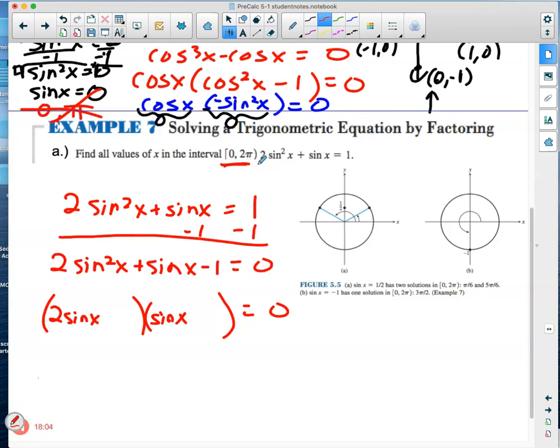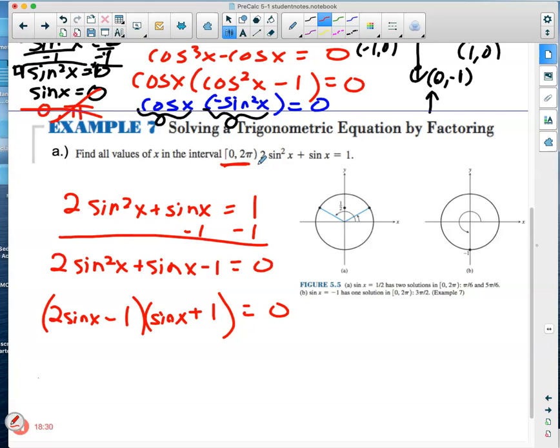And then in the back, I need 2 numbers that are going to multiply to -1. Well, that's just -1 and +1. But somehow give me 1 sine of x in the middle. So I think, well, if I put a +1 here, that outside times outside would give me 2 sine of x. And if I put a -1 there, inside times inside is a -1 sine of x. And 2 minus 1 is 1. And that will do it.